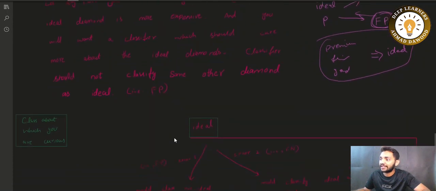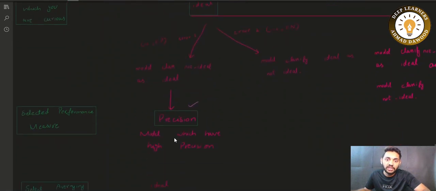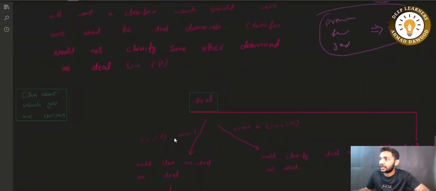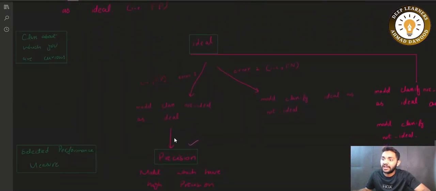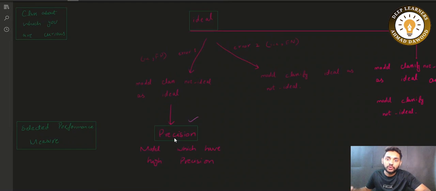So for that, you have selected that with respect to false positive, we usually use precision. A model which has high precision regarding the ideal class will have fewer false positives with respect to the ideal class. Now, you cannot rely just on the precision of the ideal class. You also have to calculate the precisions of the other classes.